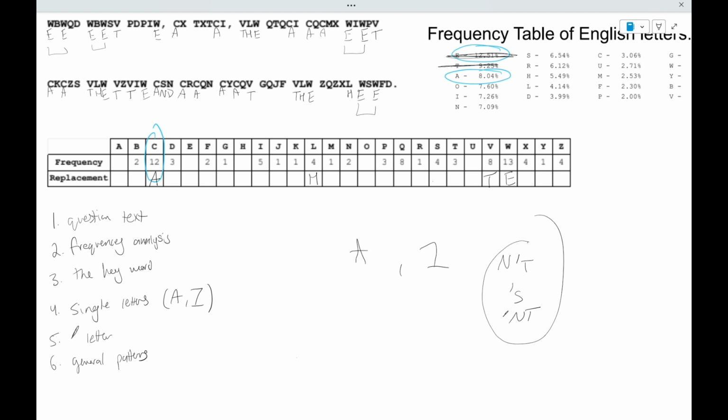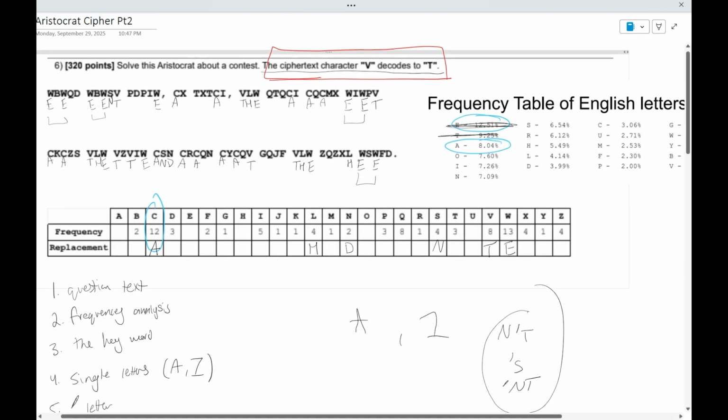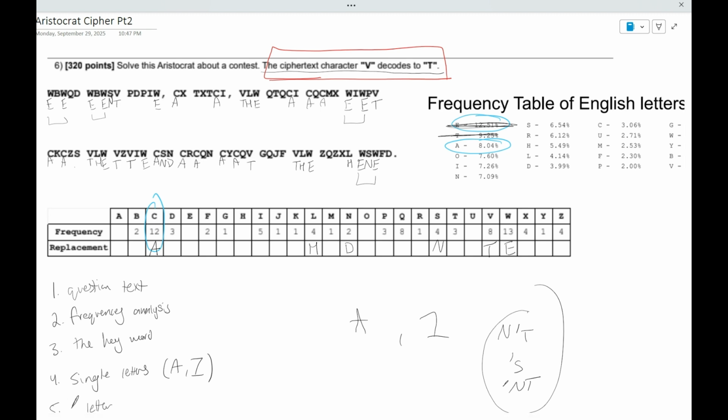And so S is going to be equal to N, and N is going to be equal to D. So then we get S there. There's an S over here, and an S over here. And then we have N's are equal to D. So there's one other N, which is right here.